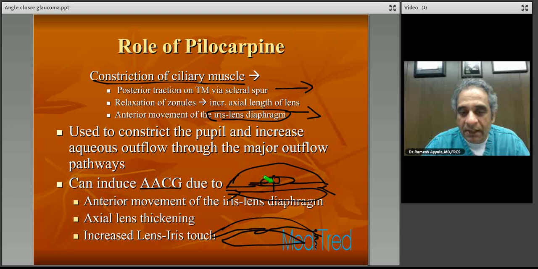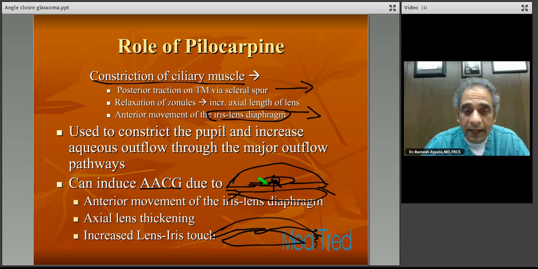And if this movement is big enough, it can cause increased resistance by increasing the contact area between the iris and the underlying lens capsule, causing an angle closure glaucoma attack.